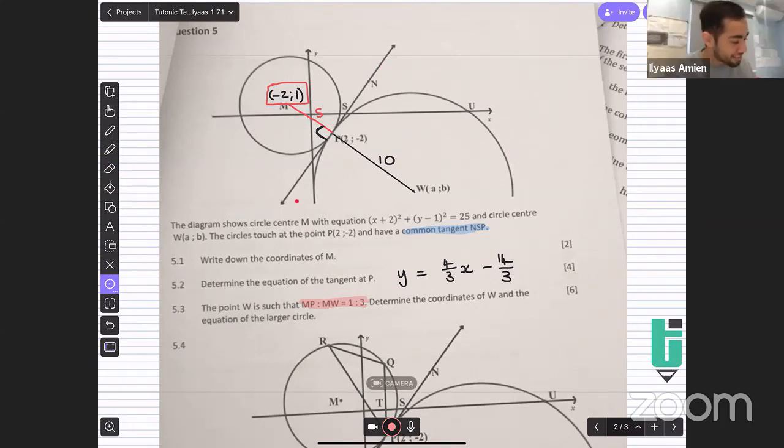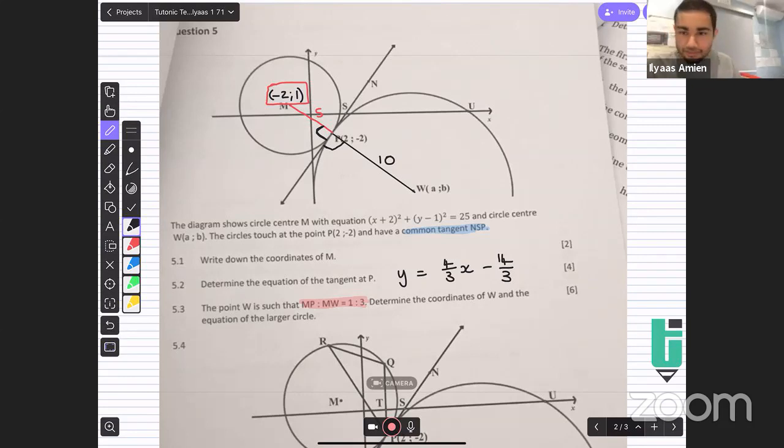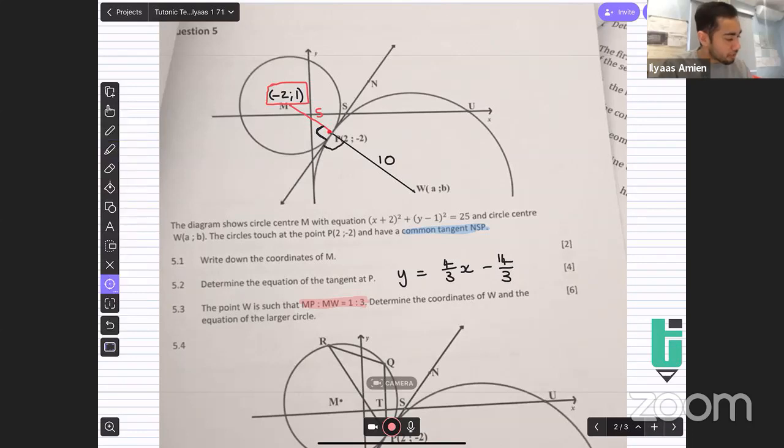So if the tangent is common to this circle and that circle, then it's perpendicular to both this and this, which means that those other two gradients must be the same. Do you see that? Does it make sense? Yes.